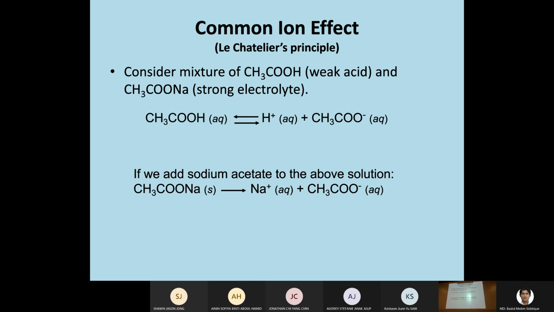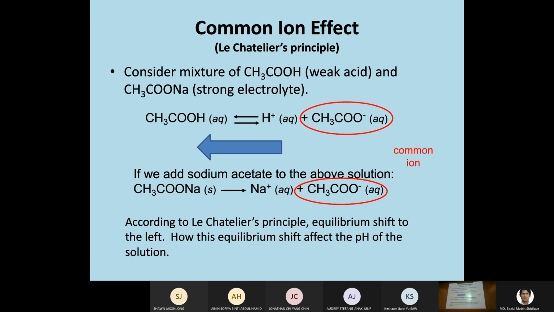So this is the common ion between them, and the reaction is going backward. If it shifts backward, it is taking this hydrogen ion along with it. Going backward means hydrogen ion is also reducing in the system. Otherwise, where is this hydrogen ion coming from?